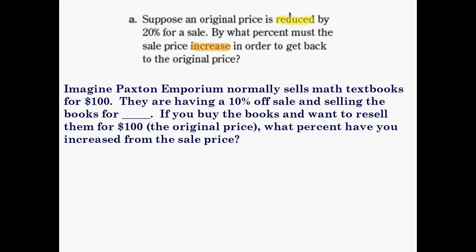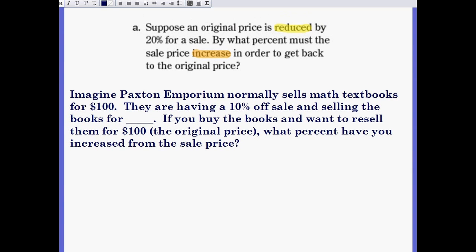If you'll recall, I had the Paxton Emporium problems where first there was an increase and then there was a decrease. Well, let's imagine a problem where its price is reduced and then increased. So the opposite. So imagine Paxton Emporium normally sells math textbooks for $100.